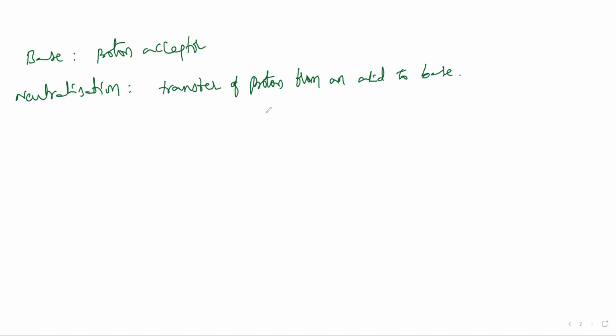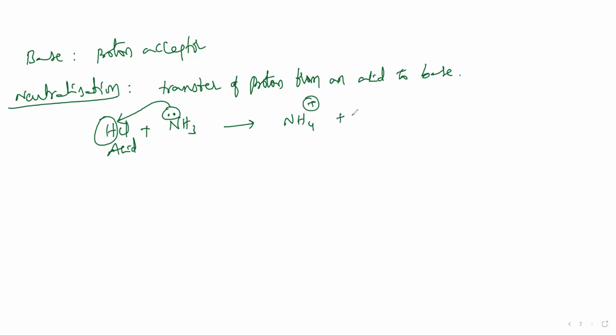That is what we call neutralization. Example, let us consider HCl, which can donate protons. So this can be considered as acid. And ammonia. What is ammonia? Which can accept this proton. Why? So ammonia has lone pair of electrons, so it can accept this proton. So what you are getting here? NH4 plus and Cl minus. Okay, this is base.